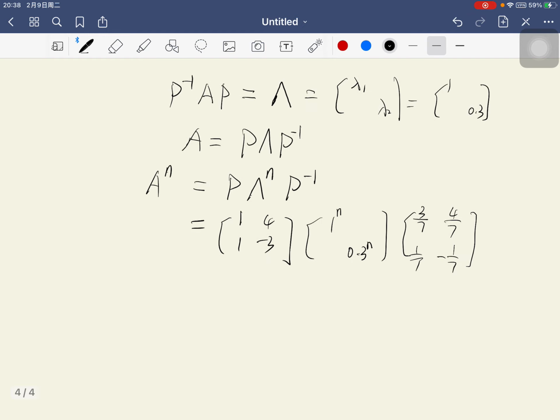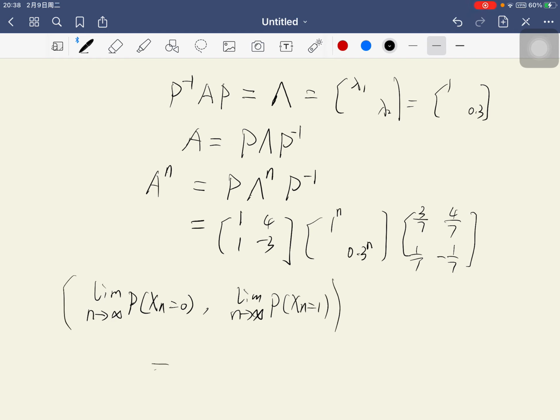So we could compute the limit as n goes to infinity of the probability of xn equals 0 and the limit of the probability of xn equals 1.